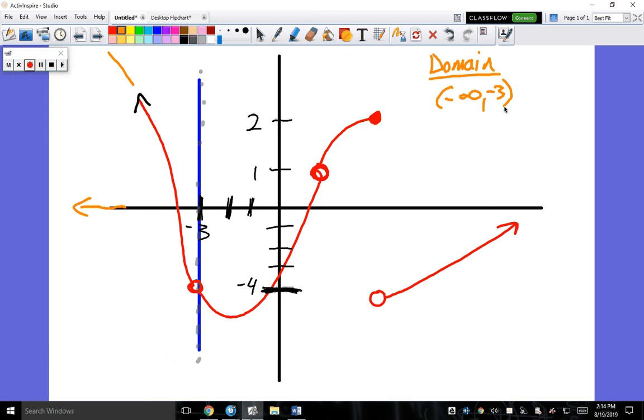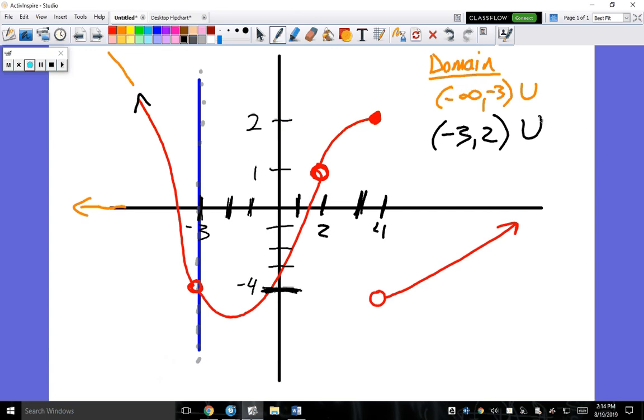You with me? So then, let's put a union. And the next thing it's going to do is what? From -3 all the way to what? Let's say this is 4 and this is 2. So from -3 all the way to 2, open, open. You with me?